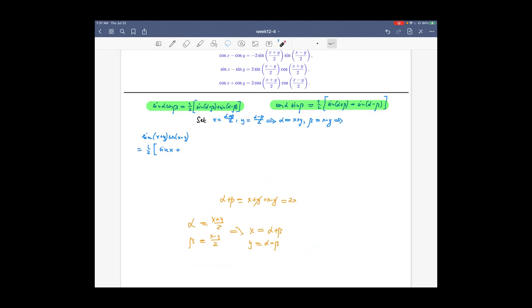So in this formula, I set alpha to be x plus y over 2 and beta to be x minus y over 2.